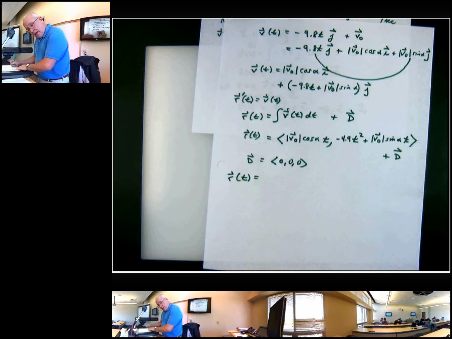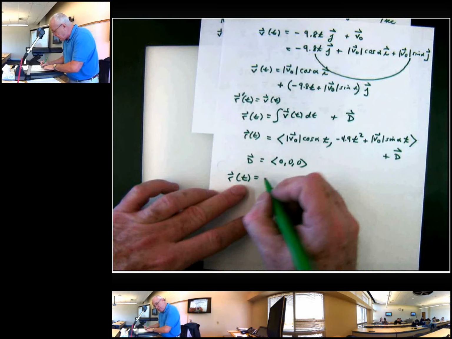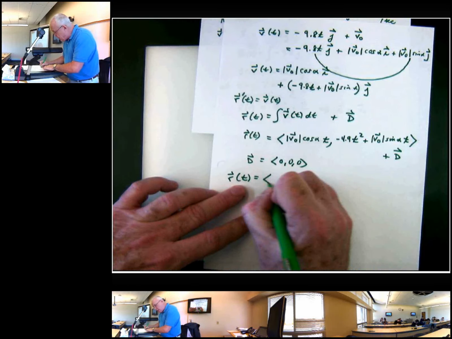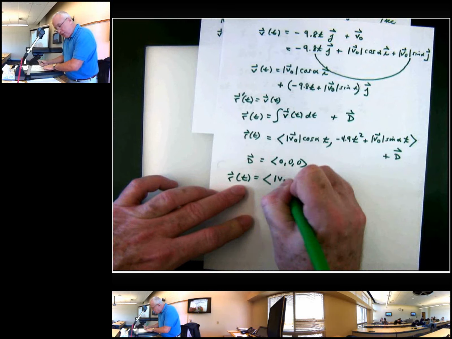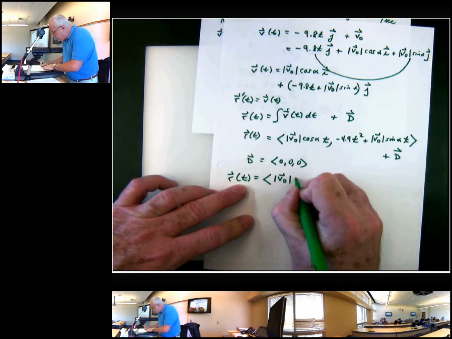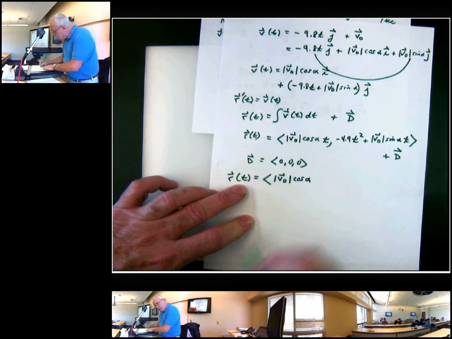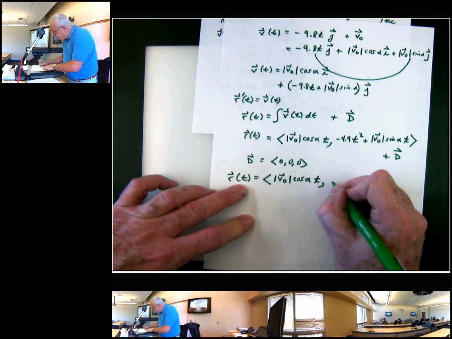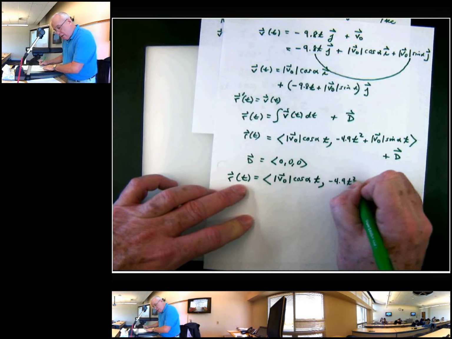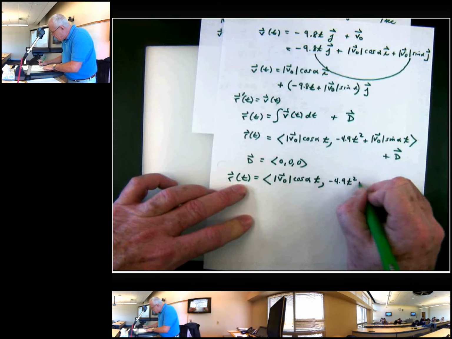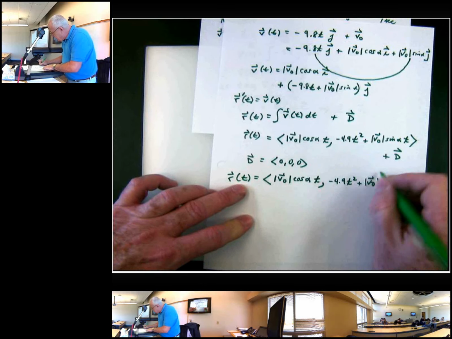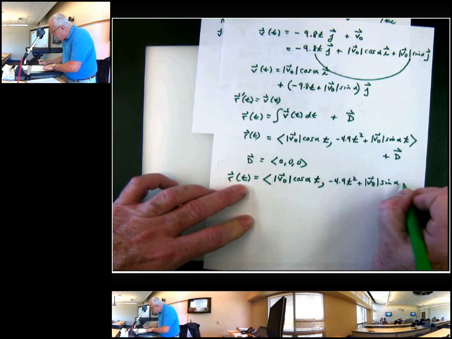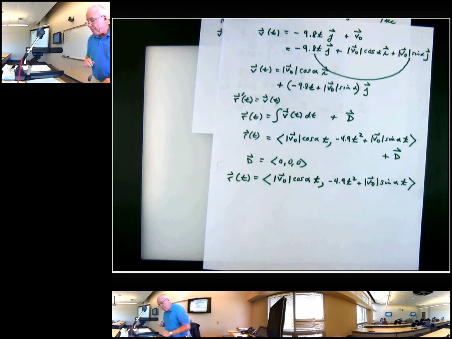So here we have position vector r of t is equal to the following: angle bracket, the magnitude of the initial velocity times the cosine of the angle times t, comma, minus 4.9 t squared plus the magnitude of v naught, sine of alpha times t, angle bracket.